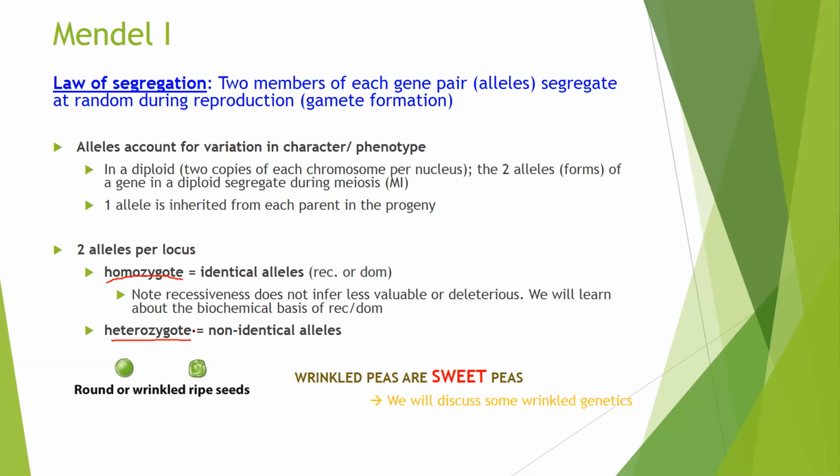If these two copies, two alleles, are identical, then we say this locus is homozygous. Otherwise, if the two alleles are not identical, we say this locus or this gene is heterozygous. Please pay attention to this difference. They are very important. Don't be confused about this.